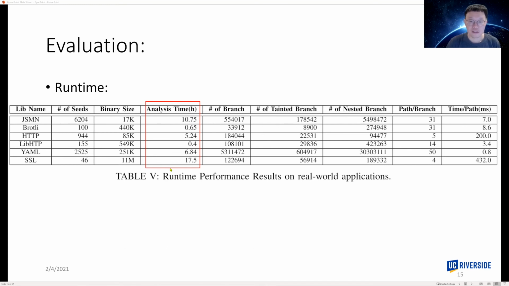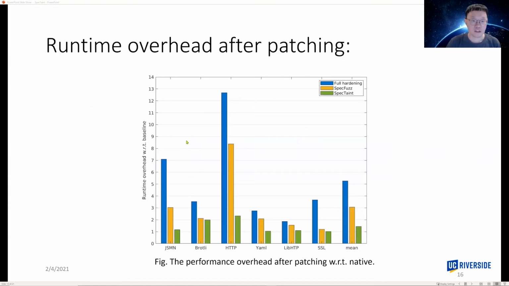For SpecFuzz, its analysis engine is closely coupled with fuzzing. Therefore, it's hard to compare the analysis time with SpecFuzz. And in the evaluation, we run SpecFuzz for 10 hours and collect the results. Then we send reported gadgets to an automatic patching tool provided by SpecFuzz, and we compare the runtime after patching.